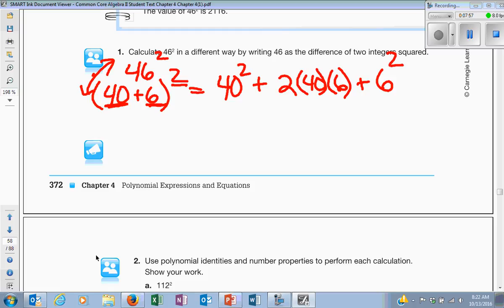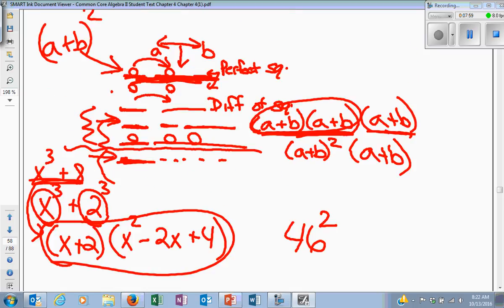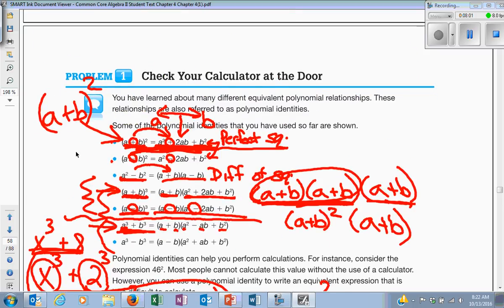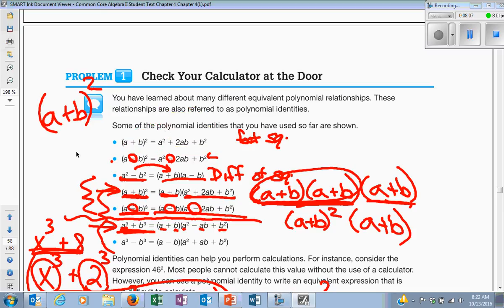That pattern is happening from these guys up top. (A plus B) squared is the same thing as if you take A squared, add 2 times AB, and add B squared. You following me? So we're trying to do this now.